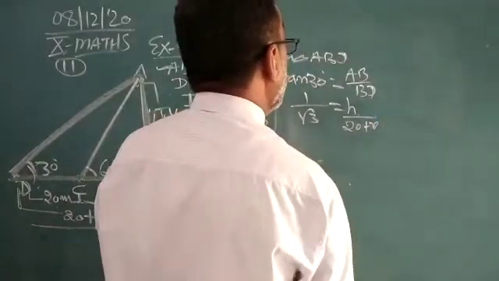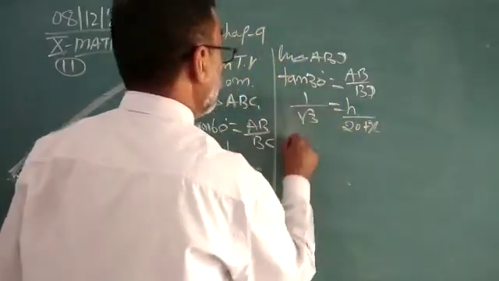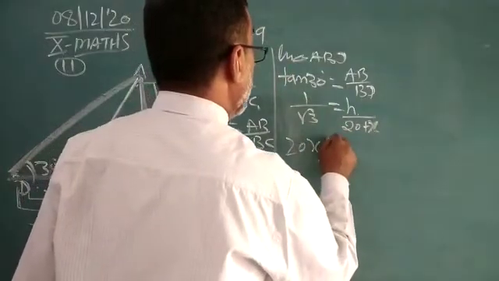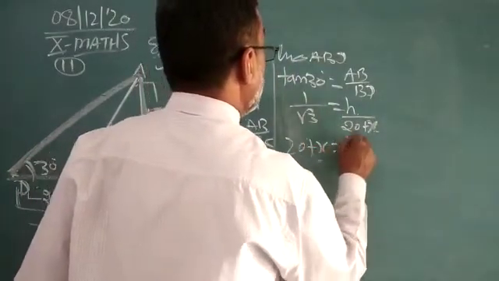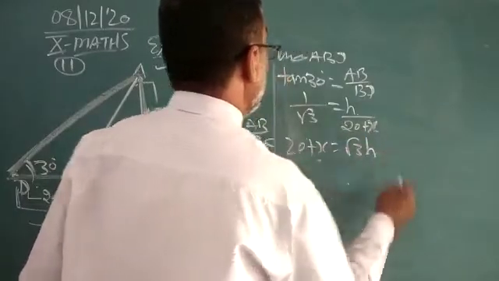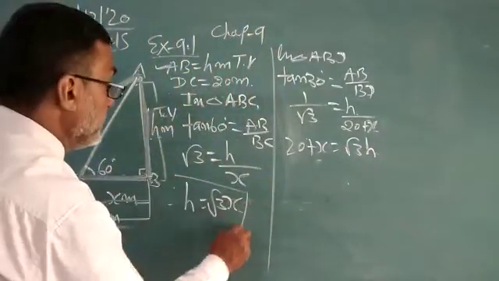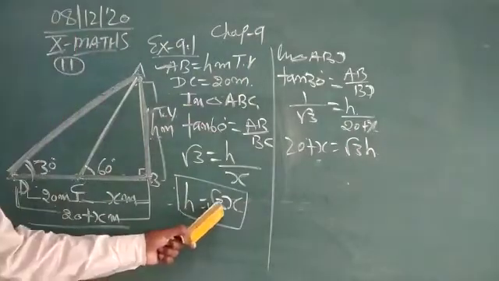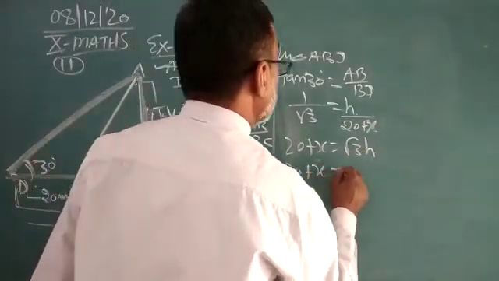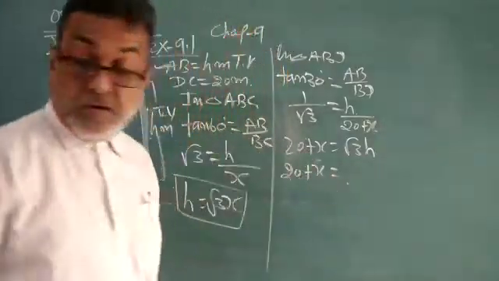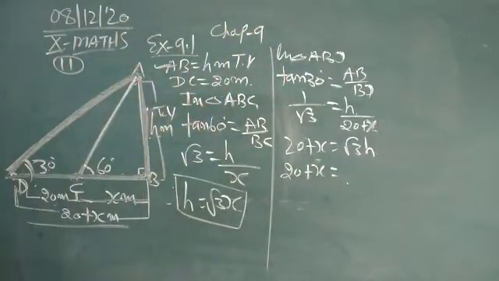Okay. Now this 20 plus X is equal to root 3 times H. What is the value of H? H equals root 3 X. So you write here 20 plus X is equal to root 3 into root 3 X, correct?